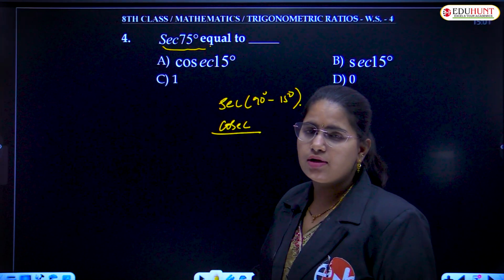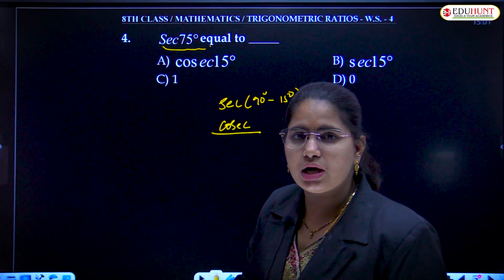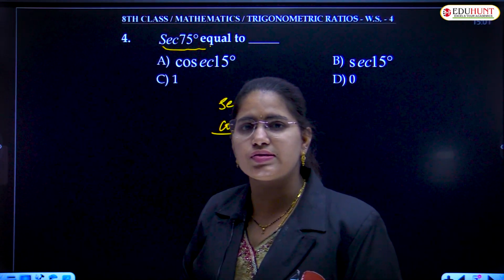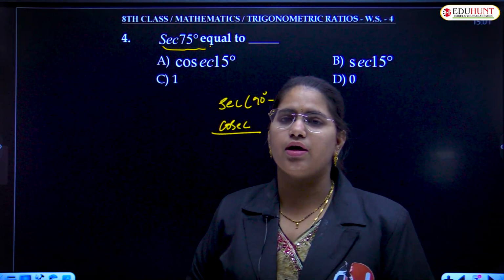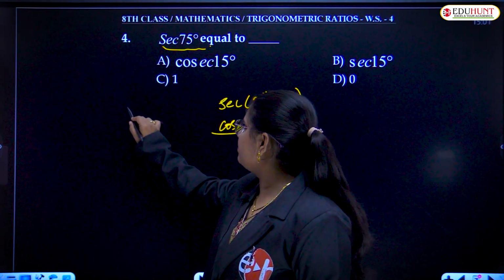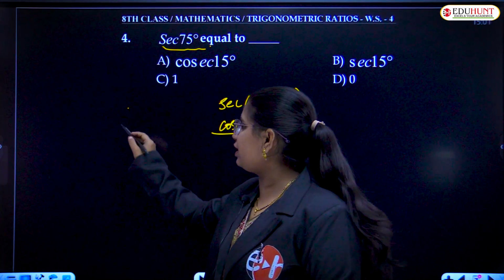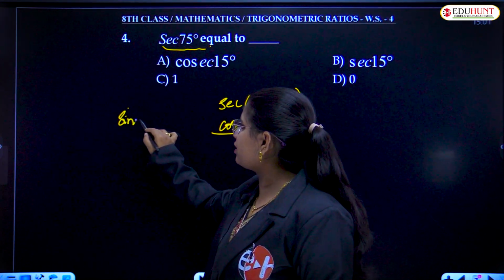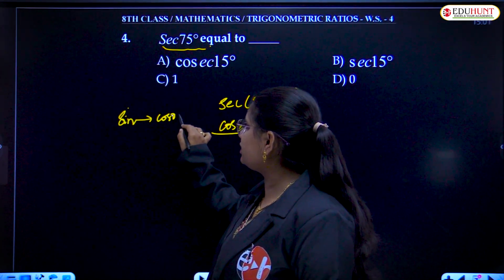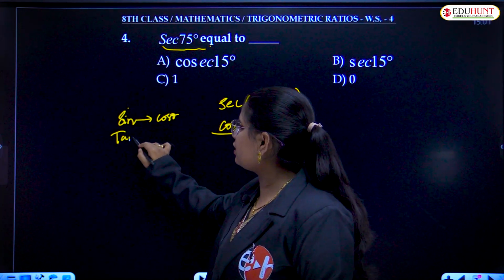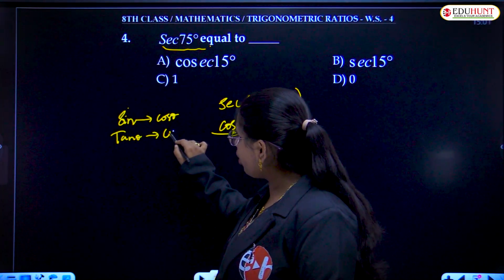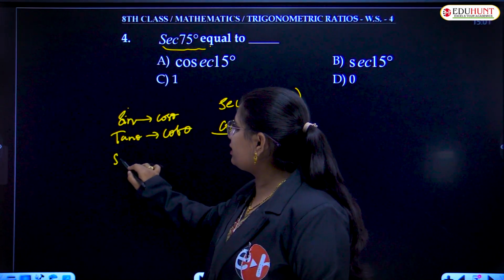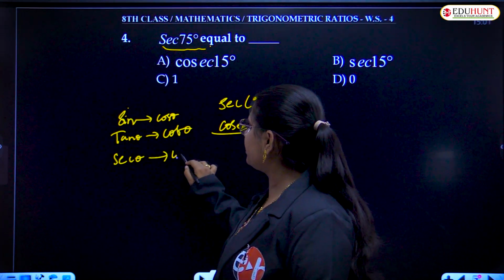It is cosecant. Ma'am, could you please tell me how the function changes if it is an odd multiple of 90? Okay, sure dear. If it is an odd multiple of 90, sine changes to cos theta, tan theta changes to cot theta, and secant theta changes to cosecant theta.